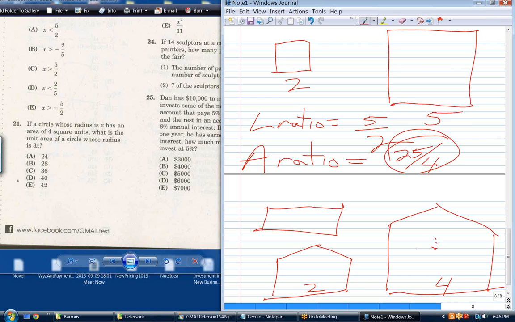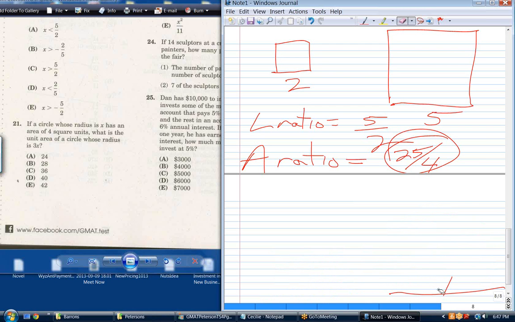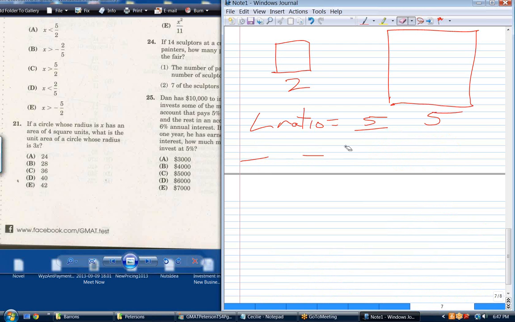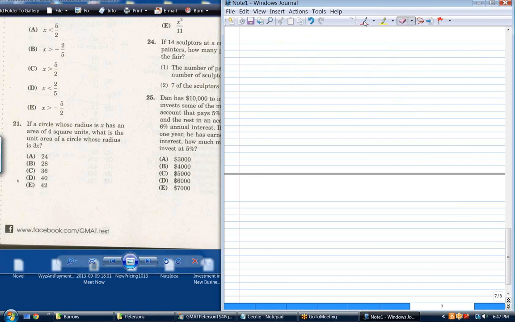This area is going to be 4 times this area. So it doesn't matter whether you're circles or any other figure. Same with triangles. Okay, so that's an important concept. When you go from 1 dimension to 2 dimensions, you square it. When you go to 3 dimensions, you cube it.